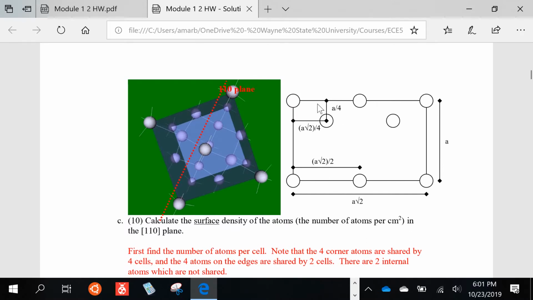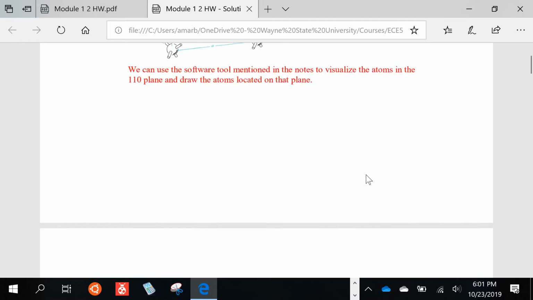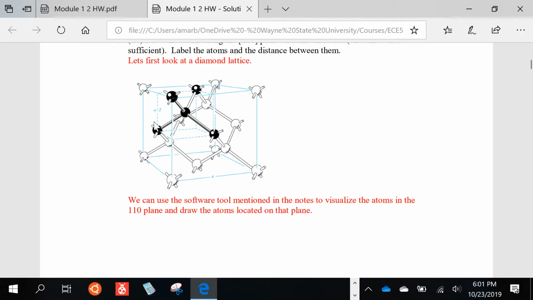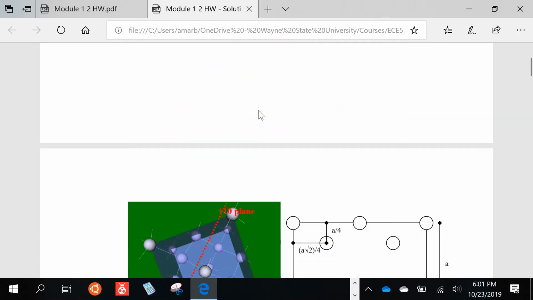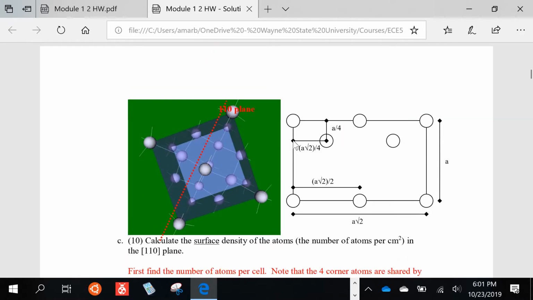So this is the 110 family of planes. This is the silicon lattice here, the diamond lattice, and the 110 plane cuts diagonally across the cube. And so what the atoms look like as you cut across here is like this.